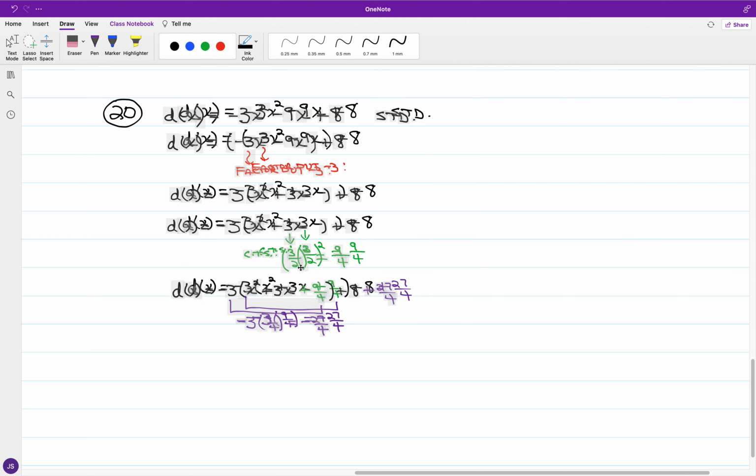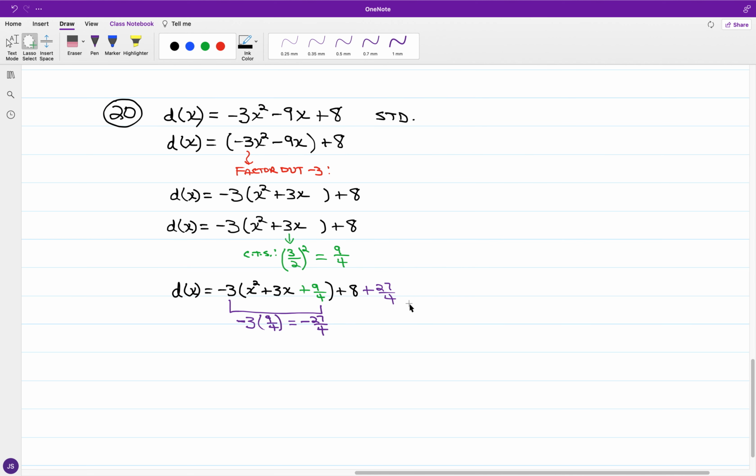Just looking at combining 8 and 27/4, at the moment we have d of x equals negative 3 times the quantity of x squared plus 3x plus 9/4.